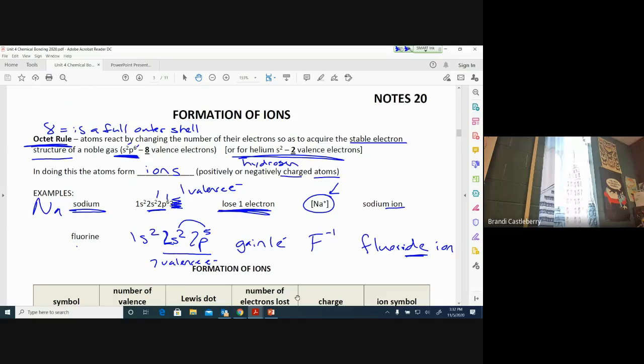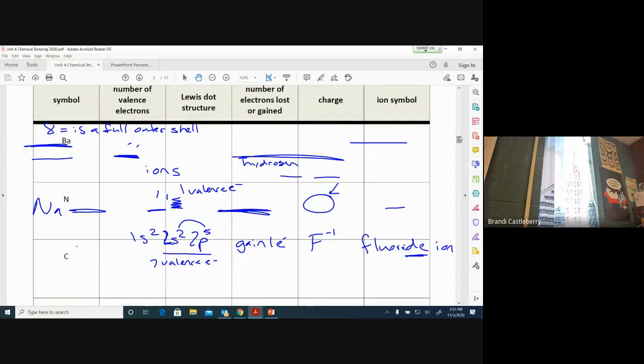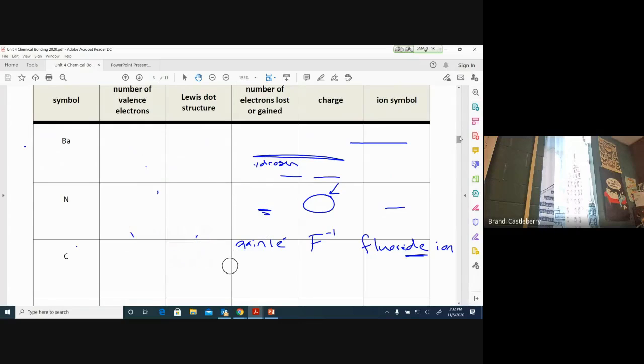All right, we're gonna scroll down and do this chart. This chart is just like your assignment. You haven't got your periodic tables out. Get them out so you can do this with me.